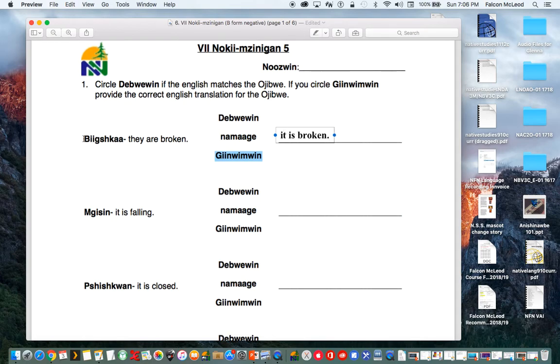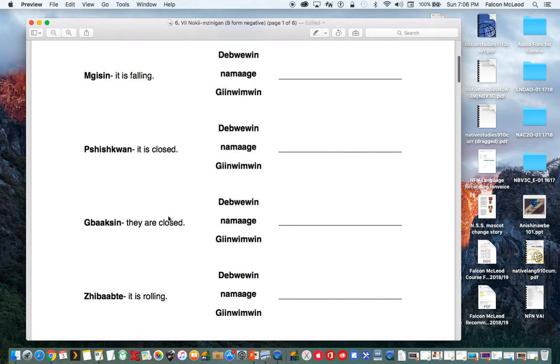We're talking about this verb being a singular verb, not a plural verb. This is a plural pronoun. That is why we had to translate it as "it is broken." So I'll leave the rest of these for you to go through and do on your own.